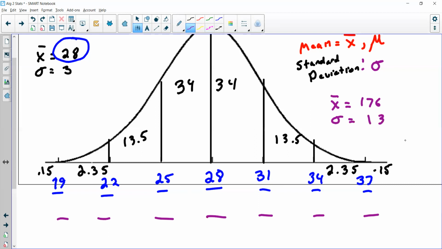It's okay if you pull out a calculator for this. Again, don't draw a whole new curve. You can just put it underneath.